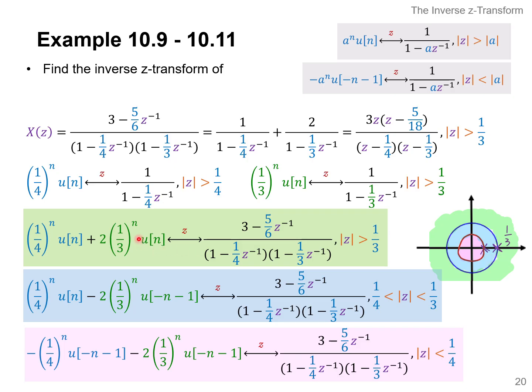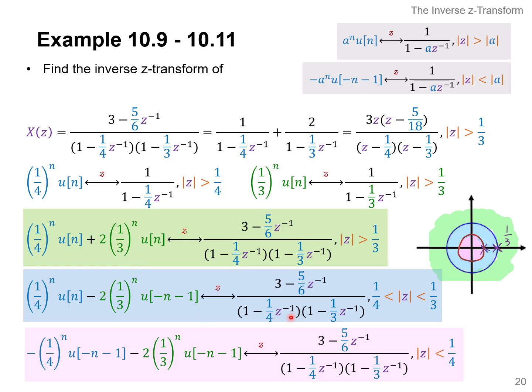The figure on the right shows three possible ROCs on the Z-plane. Case 1. The ROC is outside the larger pole. If the magnitude of z is greater than 1/3, the signal is right-sided. The solution is the sum of the two right-sided terms.